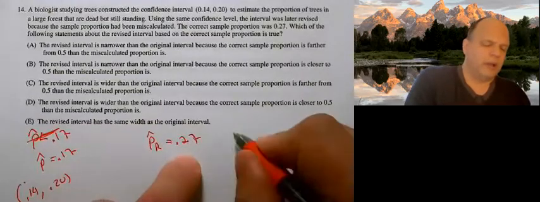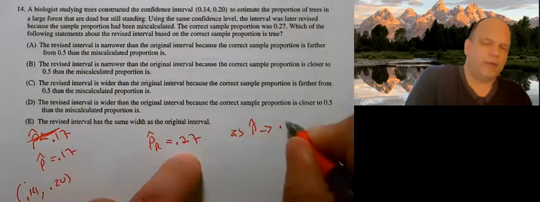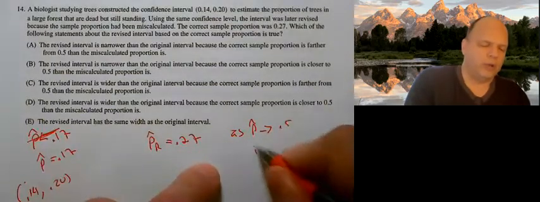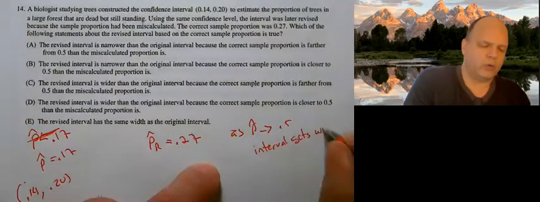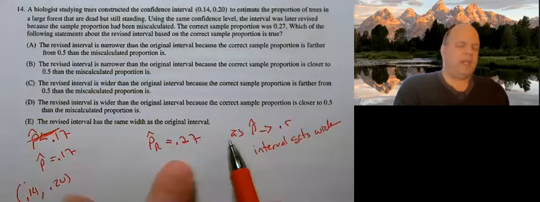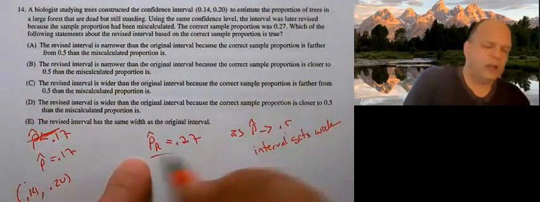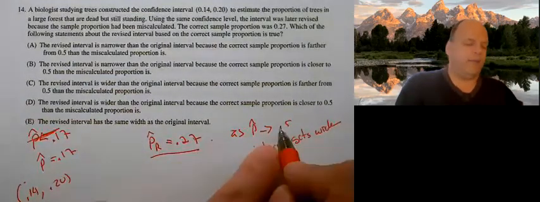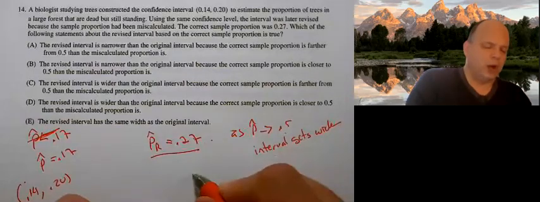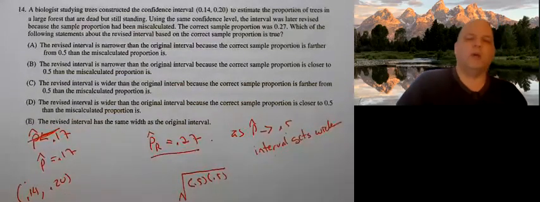remember, as p hat approaches 0.5, the interval gets wider. So this one will have a wider interval because it's closer to 0.5. Because remember, the largest thing that we could possibly have in the numerator is 0.5 times 0.5, which is 0.25.